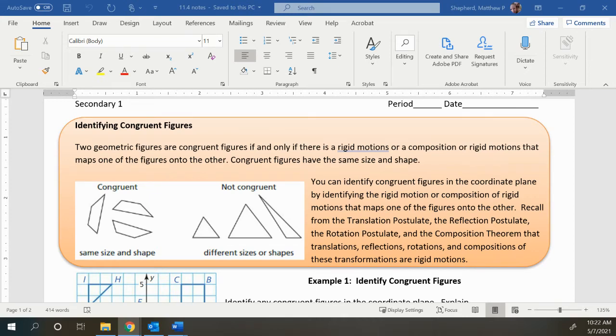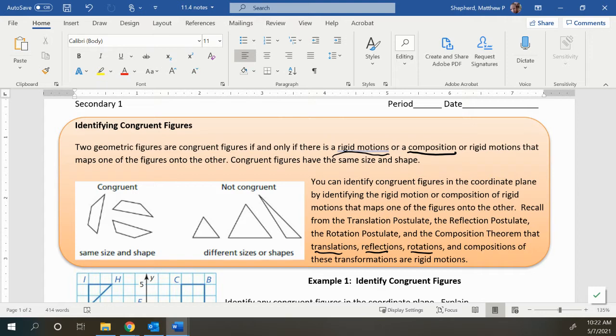All right. So when we are talking about rigid motions and congruent figures, we're largely talking about translations, reflections, and rotations. All of these are considered rigid motions. And even their compositions, when we combine different combinations of translations and reflections, also create rigid motions.